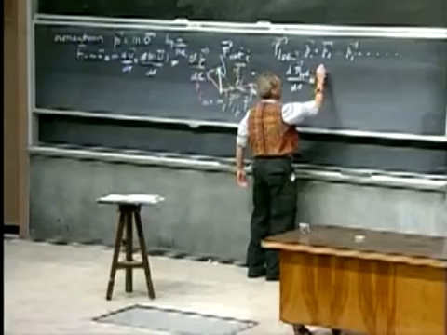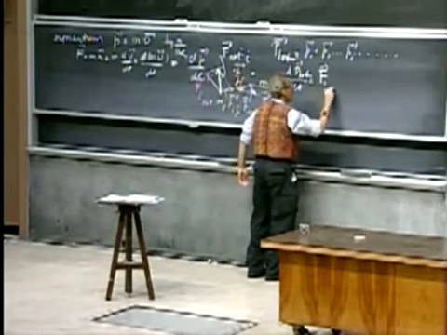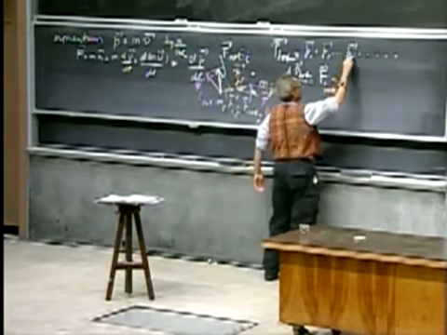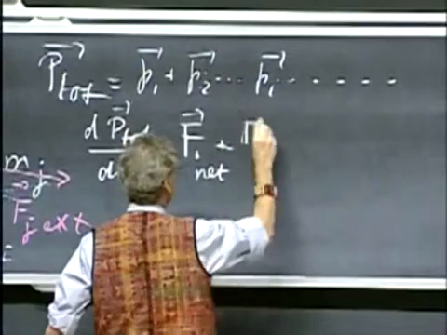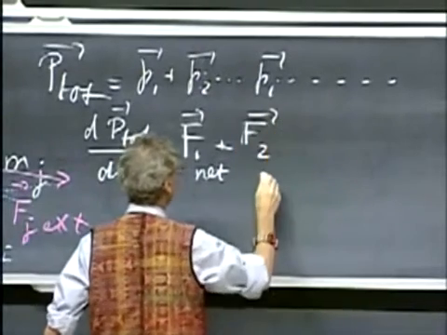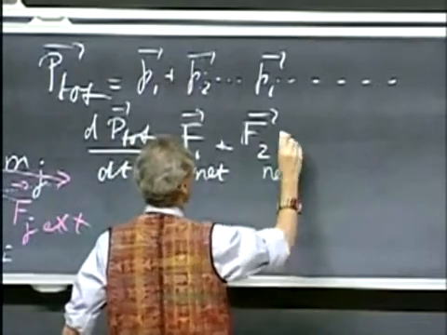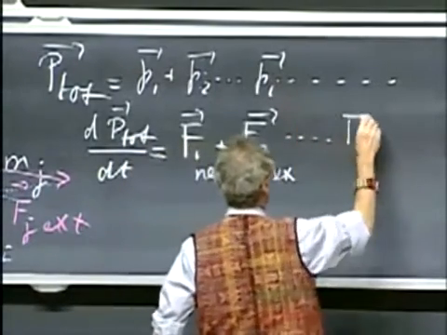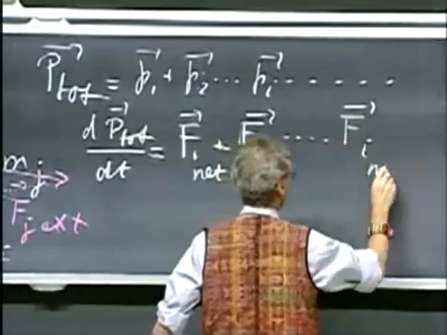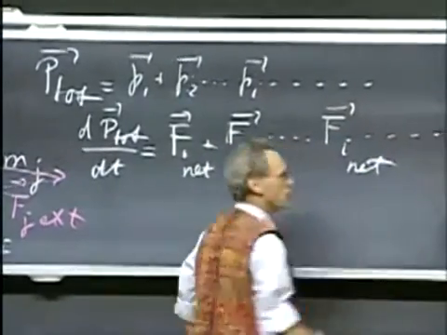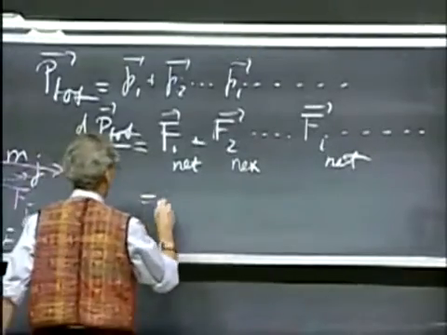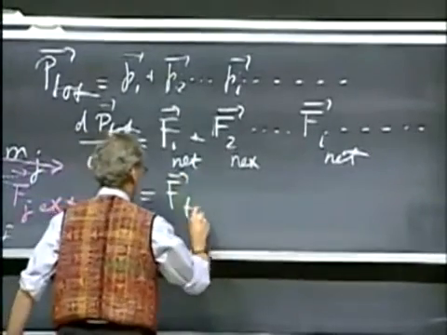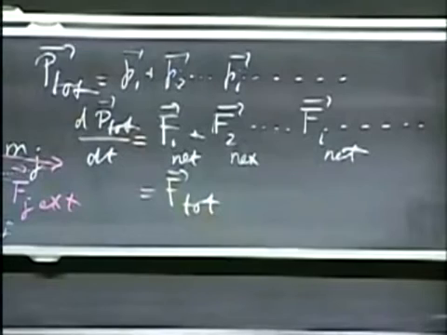It's the total force on number 1. So it is F1, but it is the net force on number 1. And dP/dt for this particle equals F2 net force. And the force on particle number i equals Fi net, and so on. And so when we add up all these forces, obviously, that is the total force on the entire system.